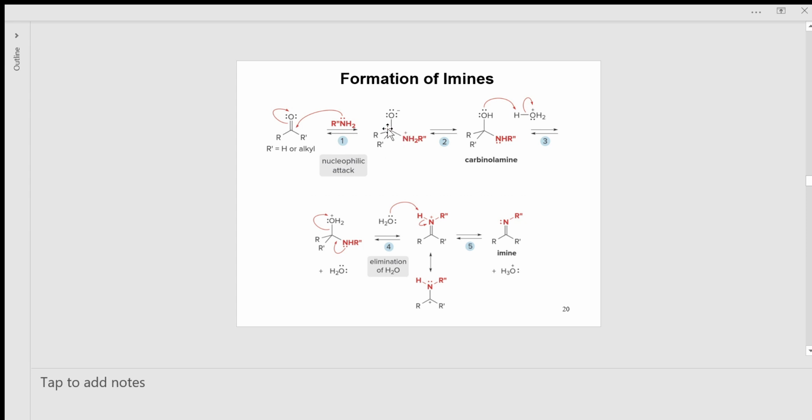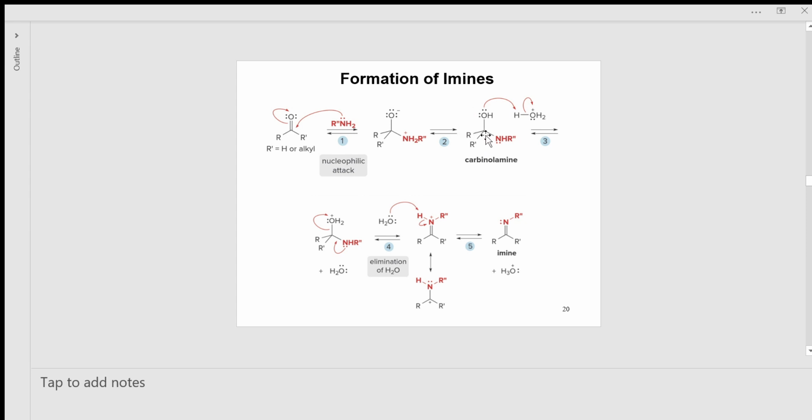To form the addition product here, the obvious reaction is to transfer 1 hydrogen from here to make a neutral compound. This is called a carbinolamine. This product is still an amine. This is a hydroxyl group, OH, with the carbon in the center: a carbinolamine.